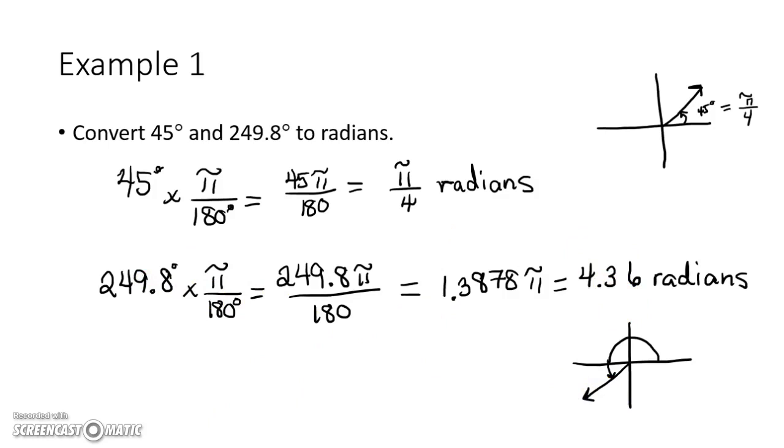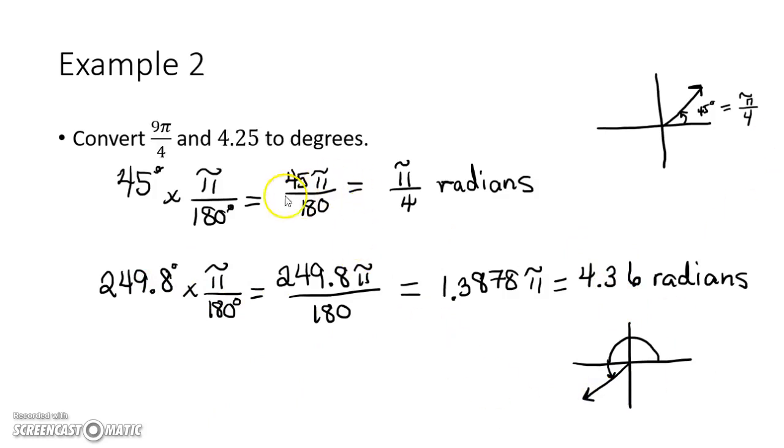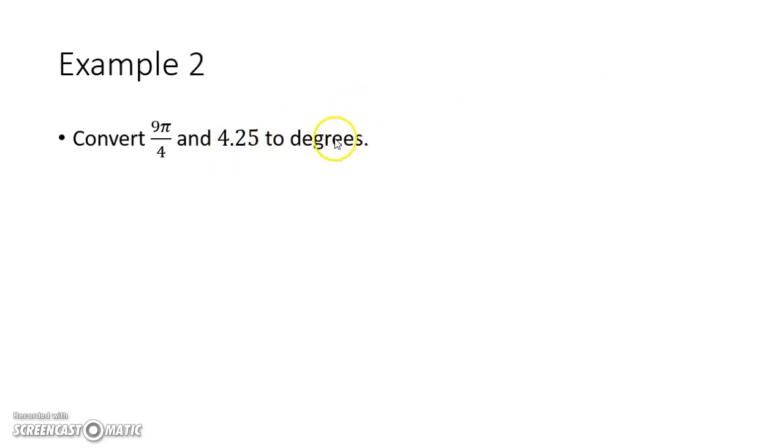Now let's try to go the opposite way, which is let's take radians and actually come up with degrees. So let's take our first one, 9 pi over 4. This is just assumed radians. Note that if there's no degree symbol, we assume it's a radian. Now we would have to multiply by 180 over pi.